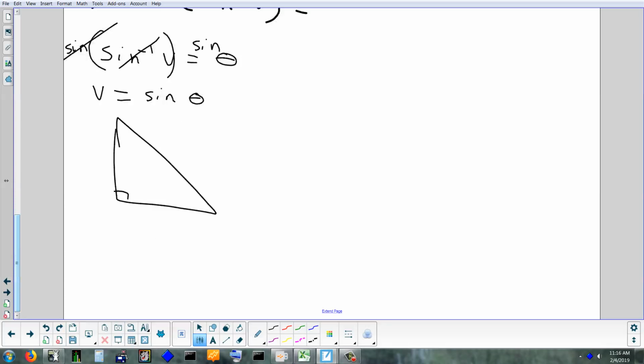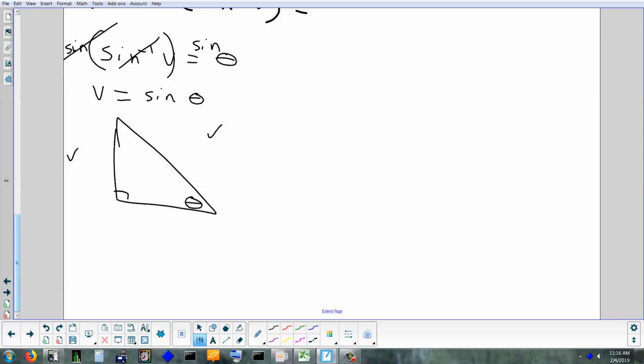Before I label any of the sides, what do I have to put in the diagram somewhere? Theta, doesn't matter where you put it. I usually just put it right there. Now, what do we know about the sine of theta? We know that sine is opposite over hypotenuse. So somehow I need to label this side and this side.